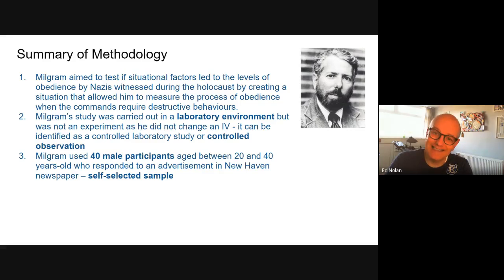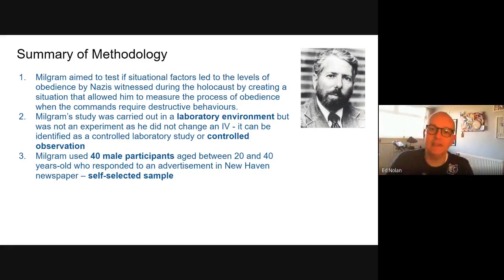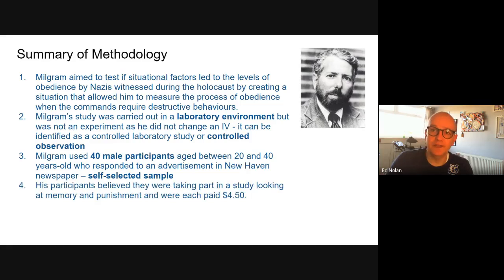At the time America was very broad in its cultural makeup, but these people had very similar views, very similar kind of person. Obviously, we're thinking about validity and evaluating his sampling technique. It was a self-selected sample. So obviously all the evaluation points come to that. It was easy to find these participants.